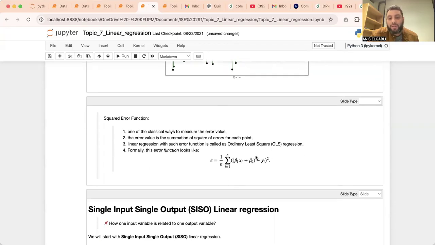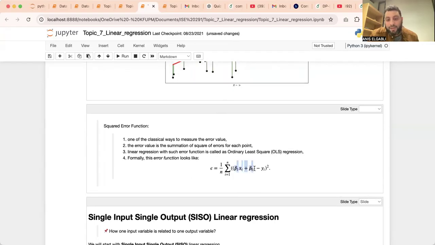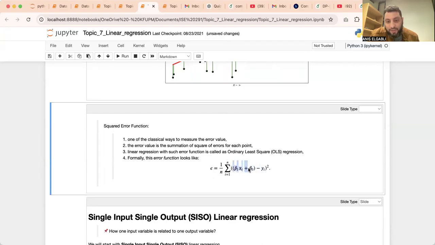This is a good error function to use. So what kind of error function? This is the error. Look at this here: beta 0 plus beta 1 xi, for a given input sample xi, we compute what we call yi hat, the estimate of the actual yi. So this is the estimated y, and this is the actual y.